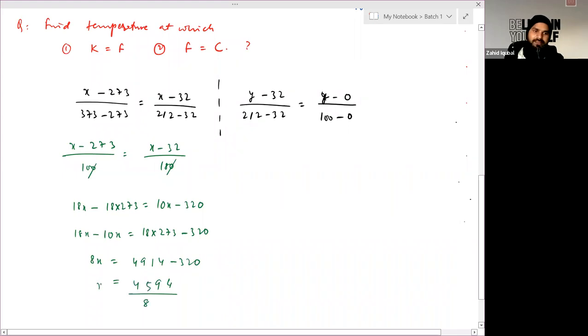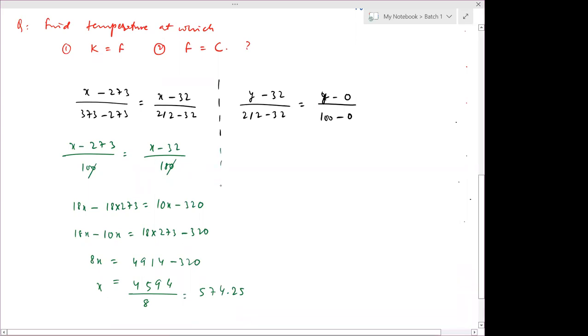Divided by 8 equals x. So 8 into 5, 40. 5, 9. 8 into 7, 56. 3, 4. 8 into 4, 32.25. So this will be the value for Kelvin and Fahrenheit to be coinciding. Is it clear? Yes, sir.